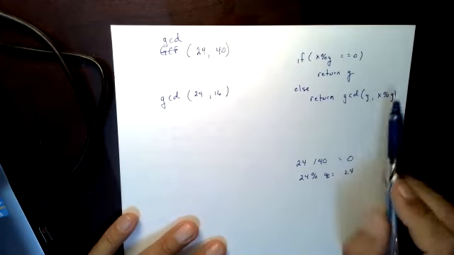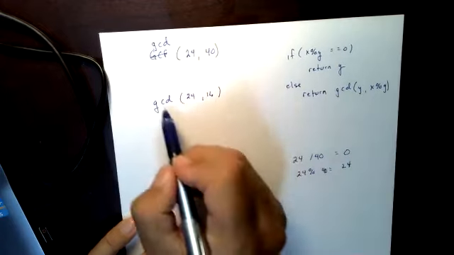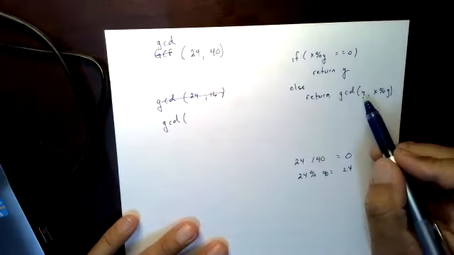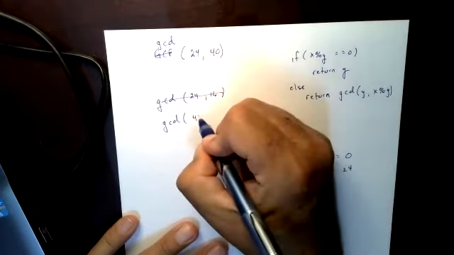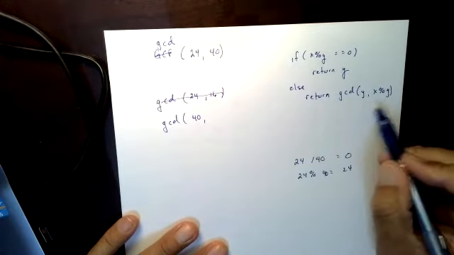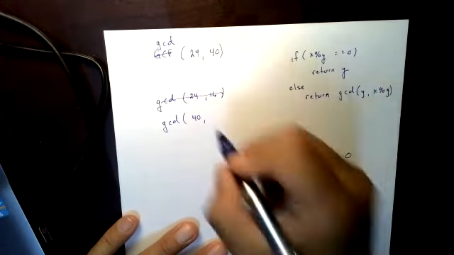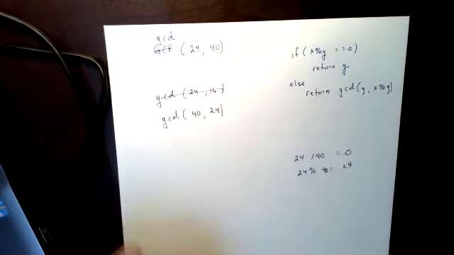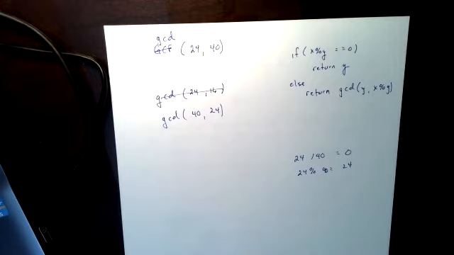Okay. So actually this first one is going to say to call GCD of my y value, which was 40, and my modulus, my remainder, which is 24. So what happened there is all it did basically is switch those two values.